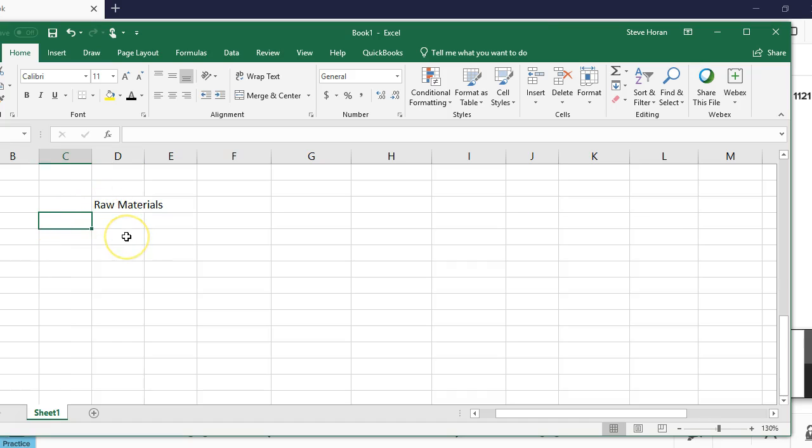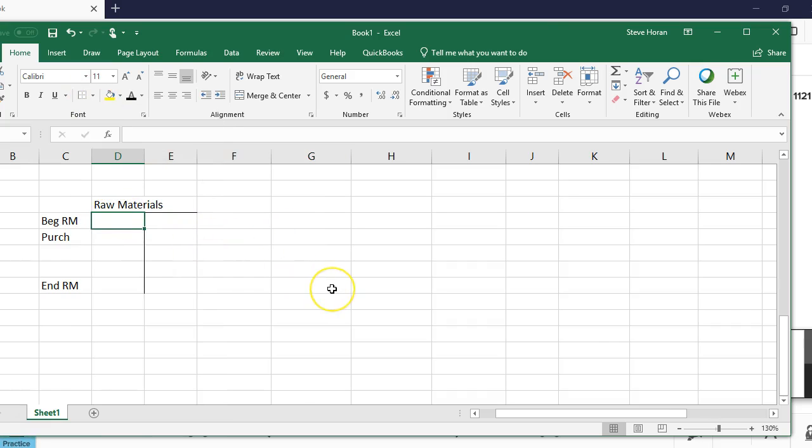So we do beginning raw materials, beginning RM, plus purchases, and then we get down to the ending amount, ending raw materials. Okay, so let's go ahead and do a T account here. We'll copy this one over a little bit.